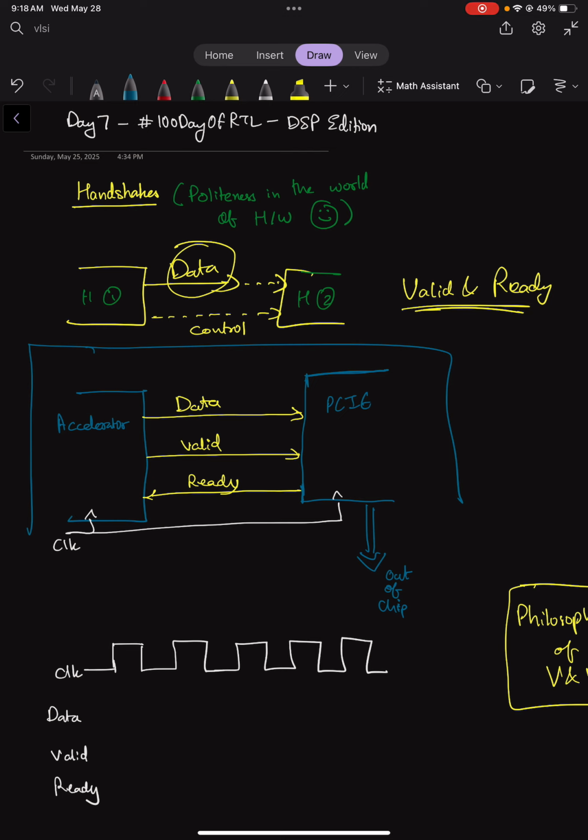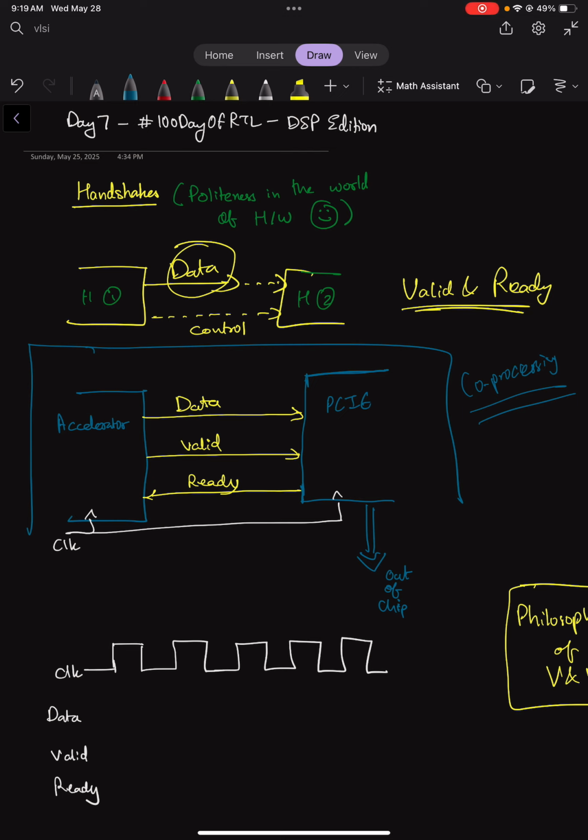You can think of this as more like a co-processing chip that's helping your main CPU in processing some sort of image data or video data or whatever. That's not important. What's important is that the accelerator is sending data to PCIe outside of the chip.